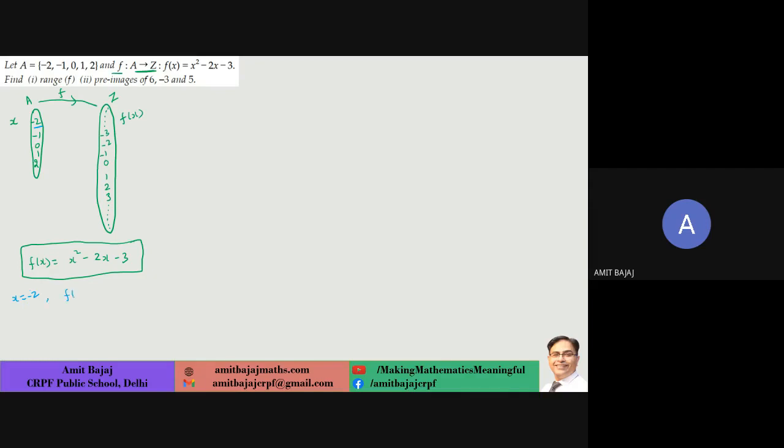When x is -2, what answer comes? You just replace x by -2 and that gives 4 plus 4 minus 3, 8 minus 3, 5. So -2 will go with 5.